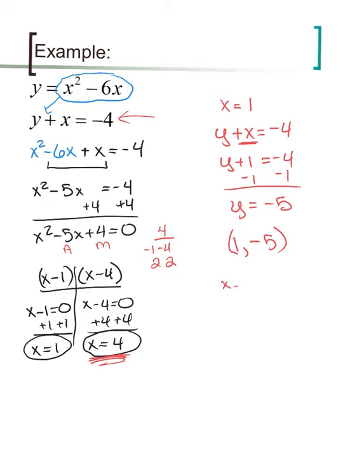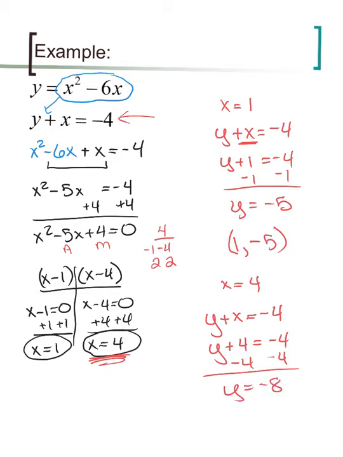So when x equals 4, again, I'm going to pick the bottom equation because I think that's easier to work with. If you like the top, pick the top. It doesn't matter. I'm going to plug in my answer, and I'm going to solve. And here I get y equals -8. So my second answer is 4, -8. So it's not extremely difficult, it's just a lot of writing.